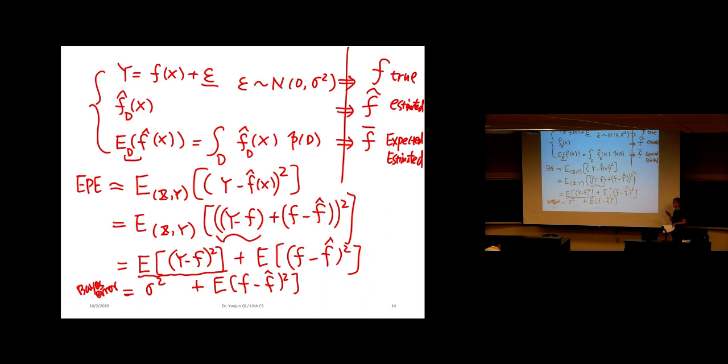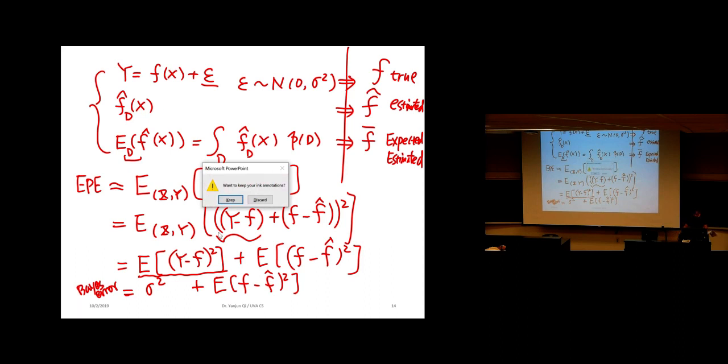Question about this? How did you get the second step after this step? Yeah, good question. There's a full slide later about how you derive this, and I don't want to derive it now. I should have one more slide too.